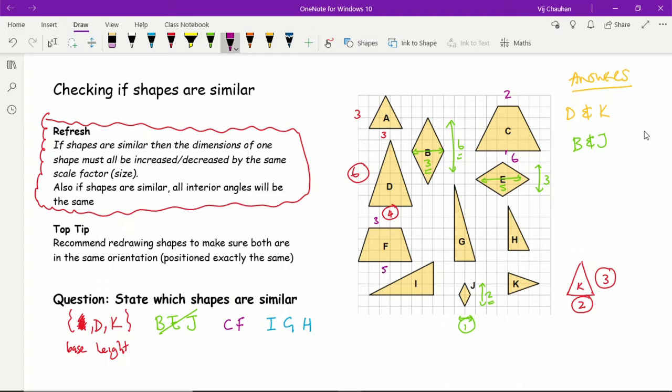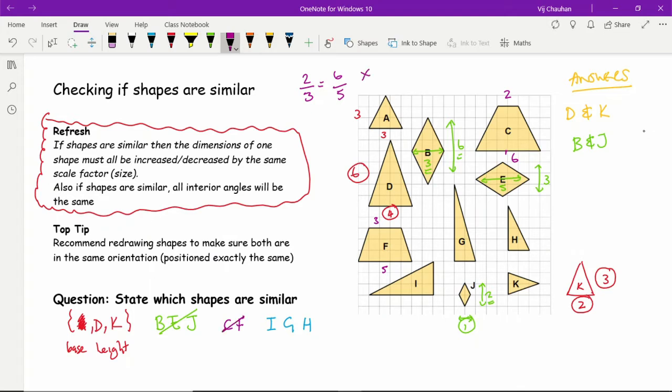So you can see straight away that I've got 2 to 3. So is 2 over 3 the same as 6 over 5? Which they're not comparable, so they are not similar.